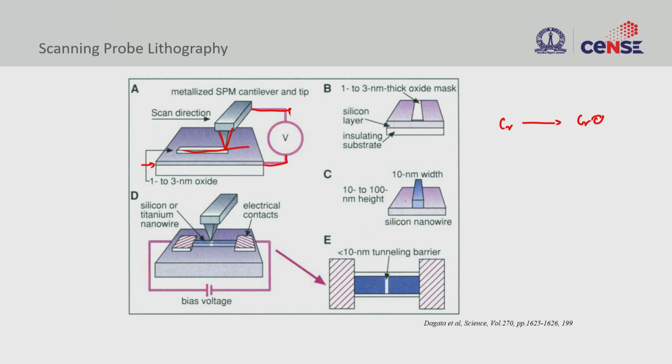There is electron migration lithography, which uses the same type of process where you apply a high electric field that creates oxide, which creates electron migration. You can also oxidize the surface. For instance, if you take silicon and apply a very high electric field, you can create silicon dioxide.